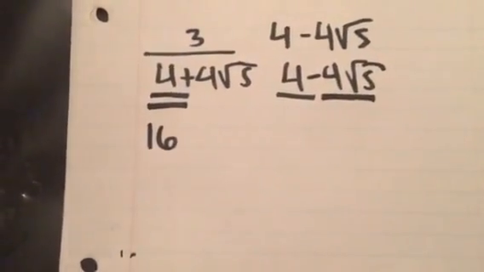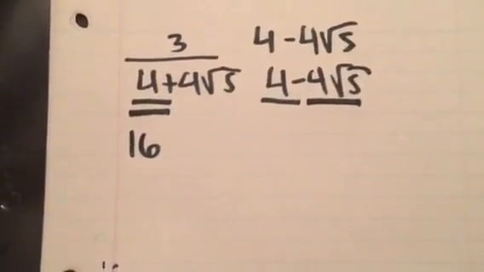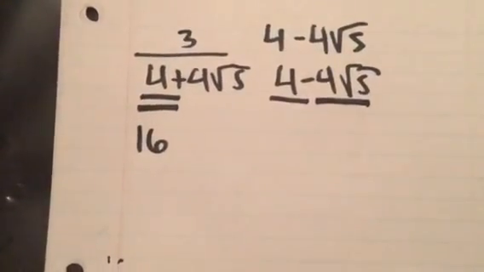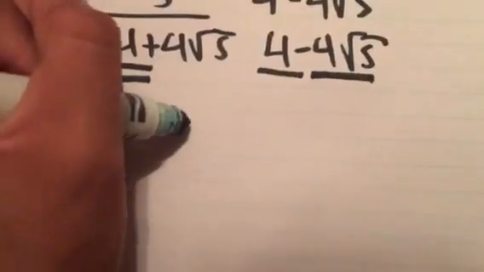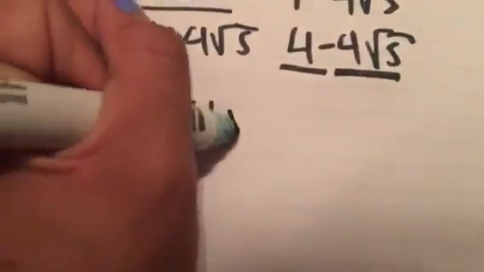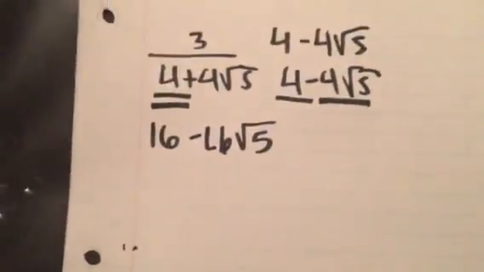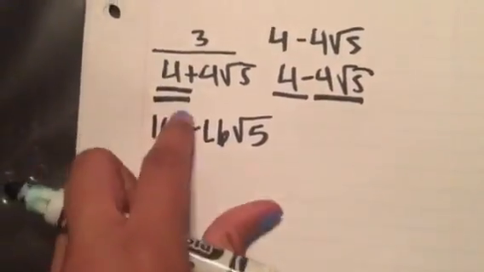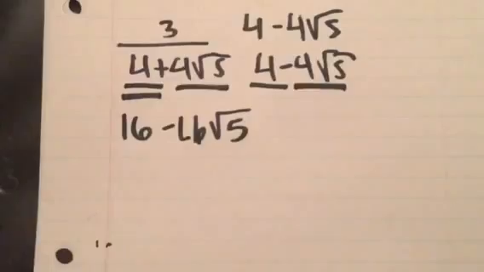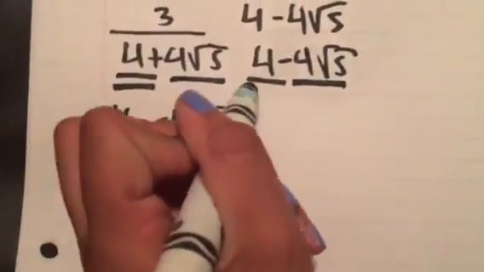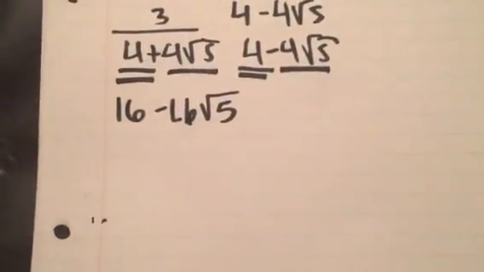For this, I have to remember that I can only multiply on the outside of the radicand. So then that'll be negative 16 radicand of 5. I'm done with this 4, and now I move on to 4 radicand of 5. And then I'll multiply that by this 4, which would be positive 16 radicand of 5.